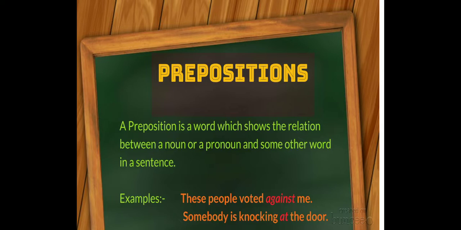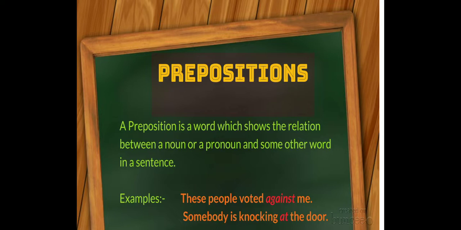Now let's see some examples. These people voted against me. Voted is a verb, me is a pronoun, and against is the preposition which is showing the relation between voted and me.